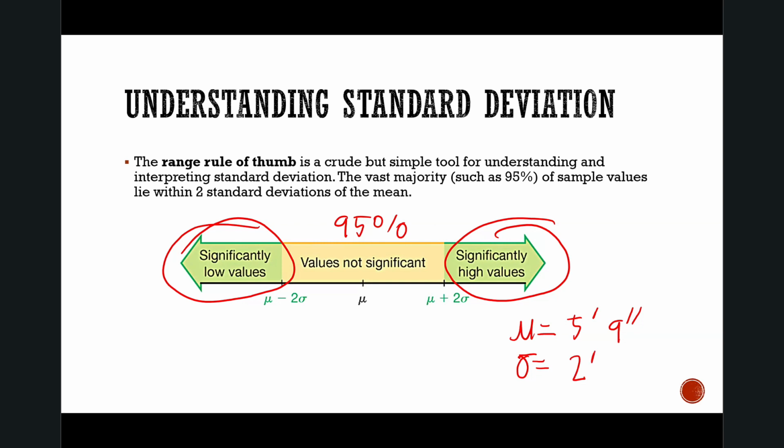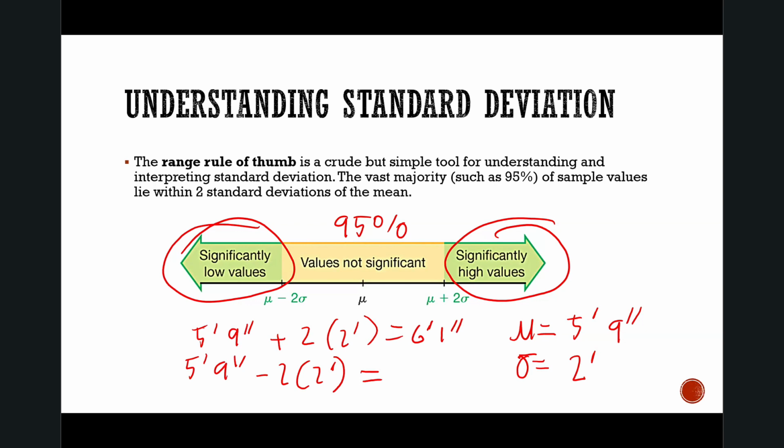I take that 5'9", add twice the 2 inches, and do the same with the minus. We'll do another example of this. If I double those 2 inches, that's 4 inches. Add it to 5'9", that is 6'1". I'm just making these numbers up. I don't know if this is true. This is 5'5".